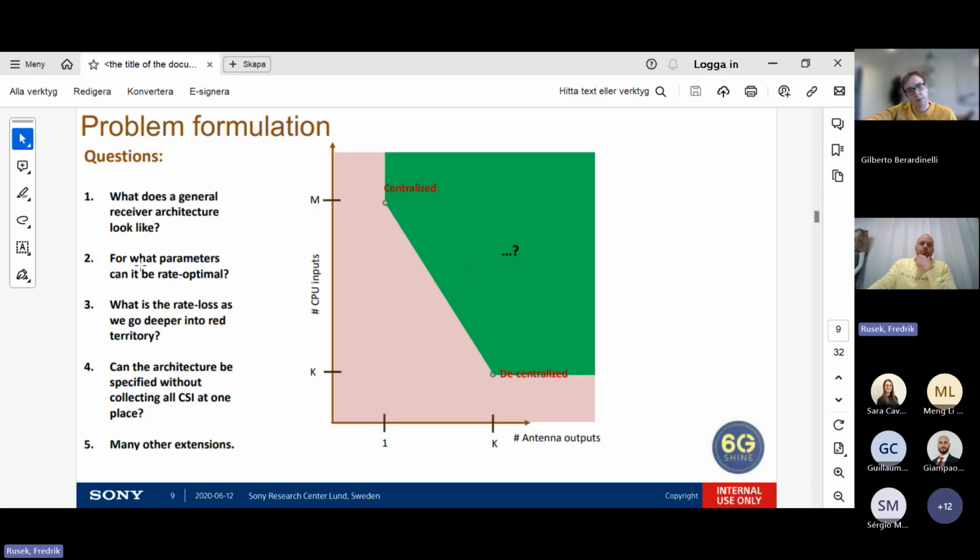Of course, we're interested in understanding where this boundary is, what points are actually achievable if you want to have optimum rate. We want to understand how much rate is lost for the optimum receiver if you are down in the red area. And then we have some extensions. I don't think I will have time for those, unfortunately, but we will see.